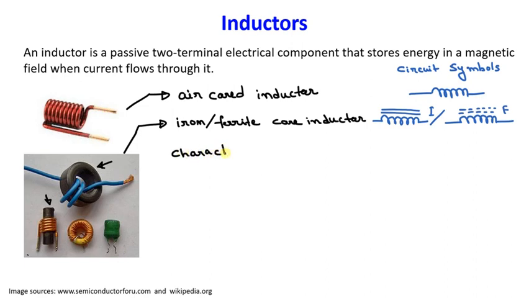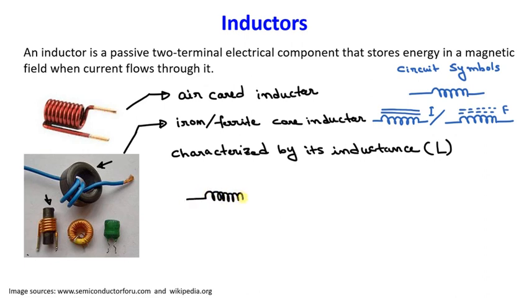Right. So every inductor is characterized by its inductance, which is represented by the symbol L. Now suppose this is one inductor whose inductance is L, the voltage drop across this inductor is V, and the current flowing through this inductor is i(t).